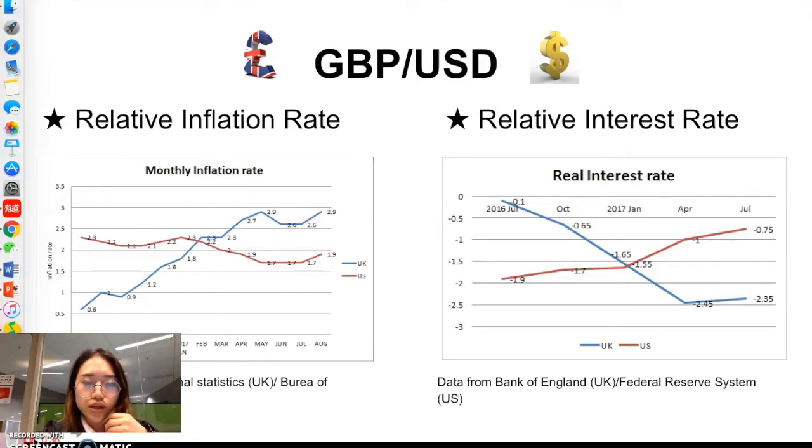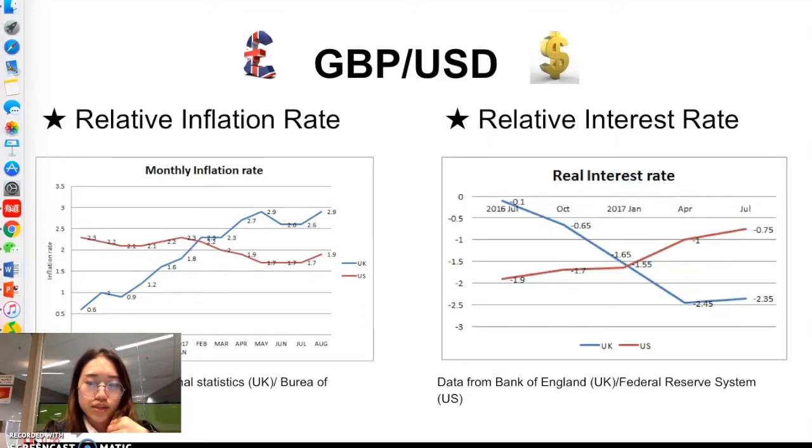The real interest rate in the United Kingdom and the United States also varies quite differently. Published by the Bank of England, in order to meet the 2% inflation target, the Bank of England sets monetary policy with a cut in bank rate to 0.25%.